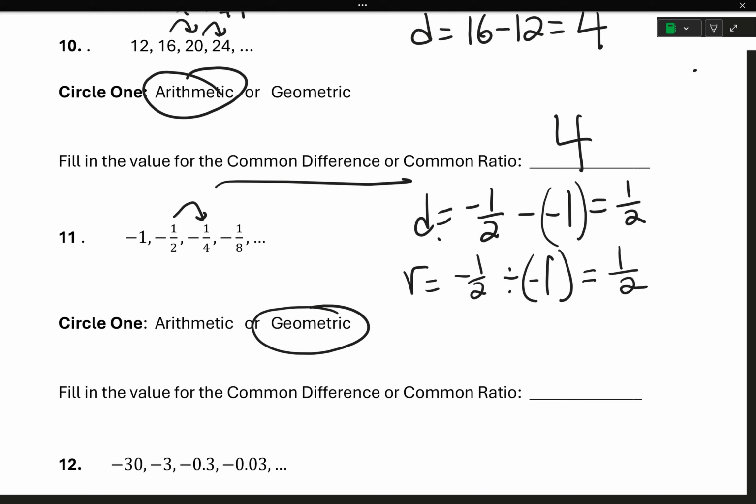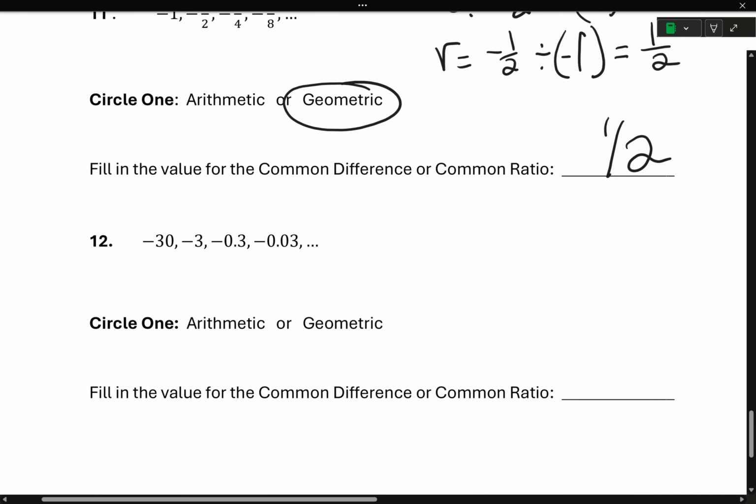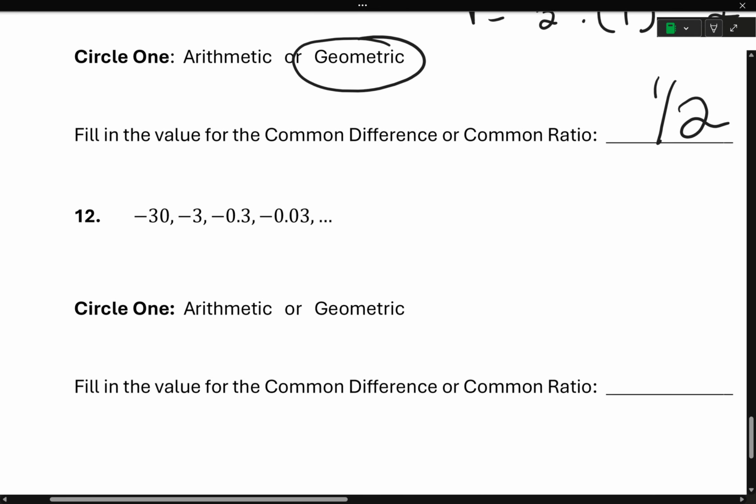Anyways, if we multiply by 1/2, let's see if we get negative 1/2 times positive 1/2 is negative 1/4. Is negative 1/4 times positive 1/2 1/8? It is. Whoa, so common difference if we were to try to calculate and ratio are the same. Wow, what a problem to make a mistake on, and it all worked out just fine. Holy cannoli.